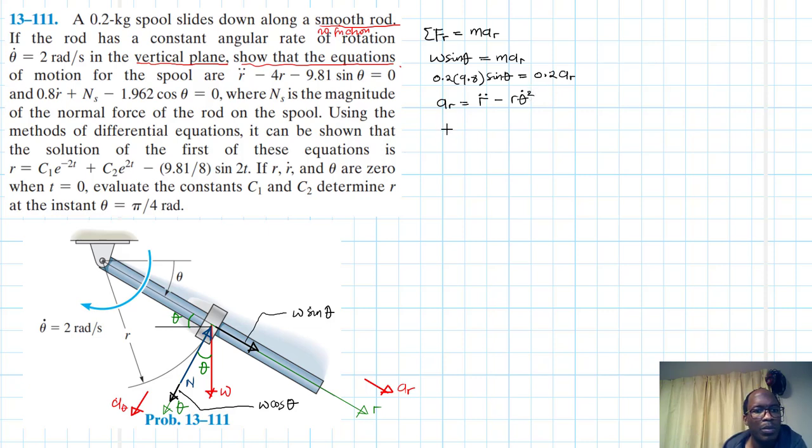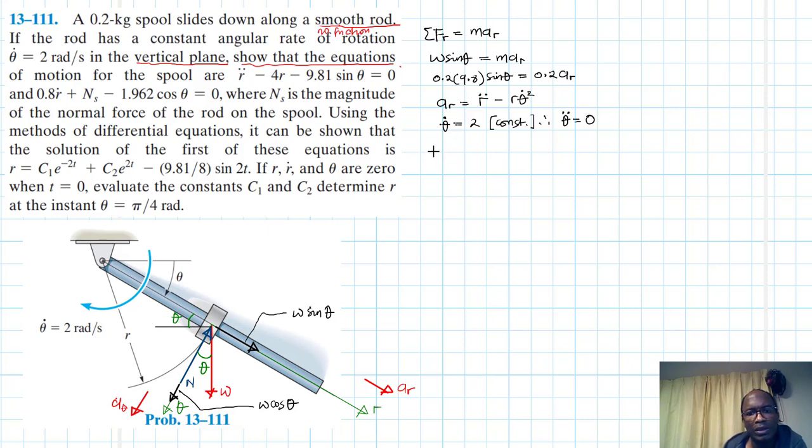where our theta dot is equal to 2 and it is constant. That's what we've been told. This is constant, therefore theta double dot will be equal to 0.